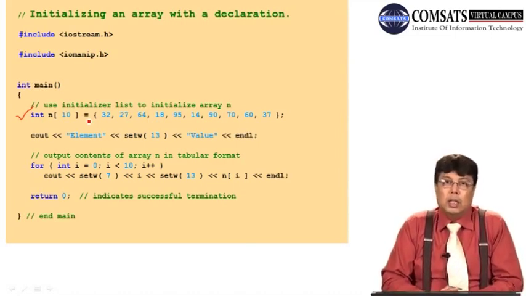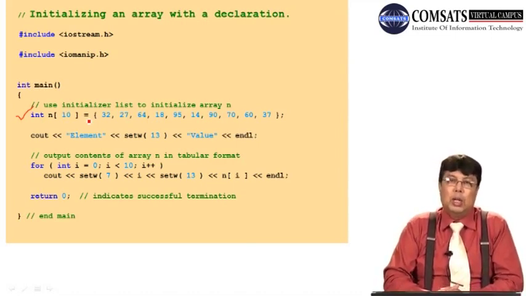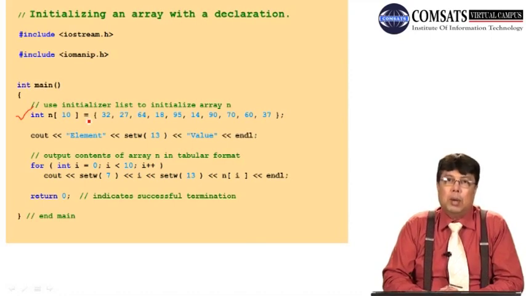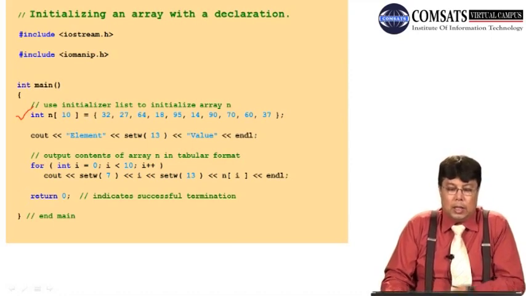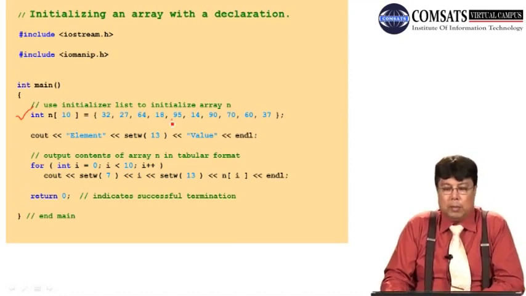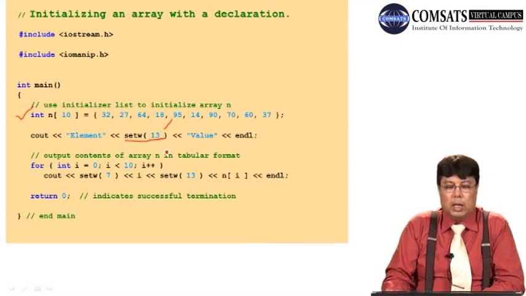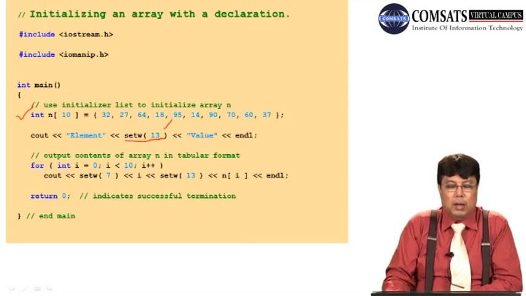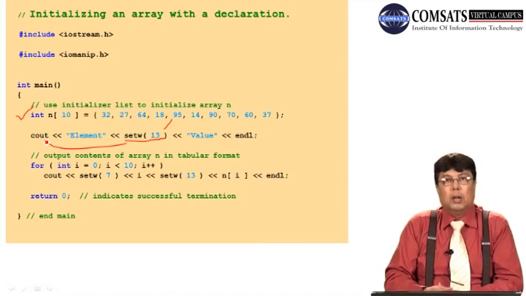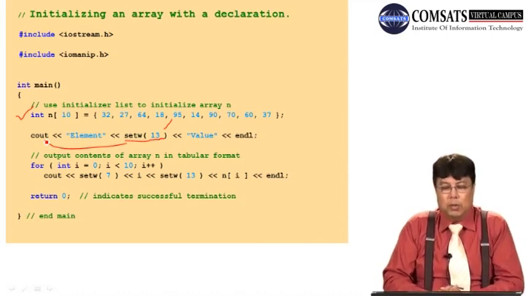This is the list of data elements that we put into an array at initialization time. I was also telling you about setw, and when I teach some detail, I will be talking about this set width, which is basically one of the features of cout, and we will be discussing it in future.